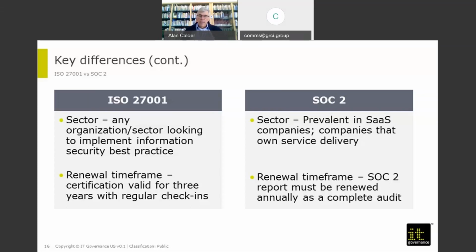SOC 2 is renewed every year. The certificate's valid for a year. ISO 27001 is renewed every 3 years, on the basis the organization carries out internal audits itself on an interim basis. So clearly a very different cost framework, clearly a different external environment and external input.